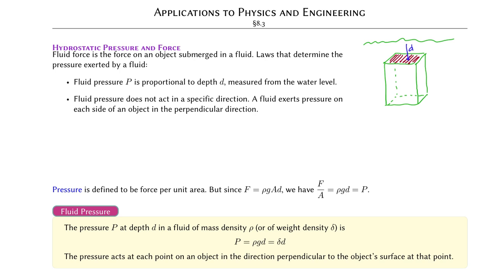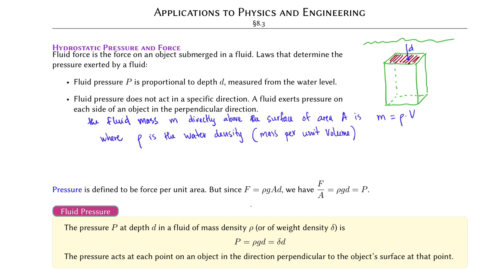The fluid mass m directly above the surface of area A is m equals rho times v, where rho is the fluid density, the mass per unit volume, and v is the volume of the fluid body directly above the surface.